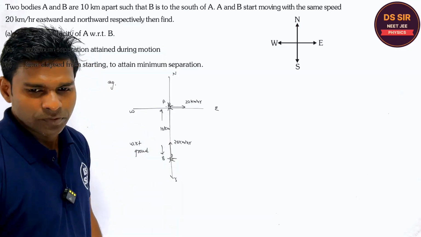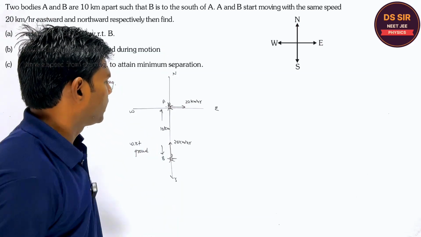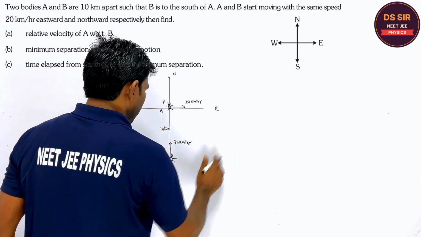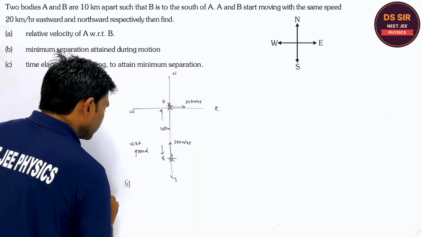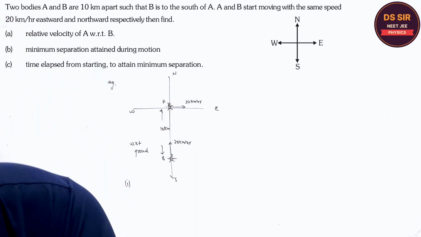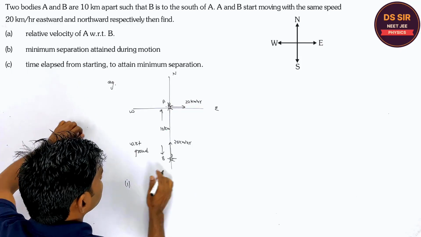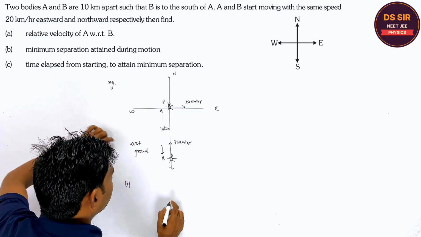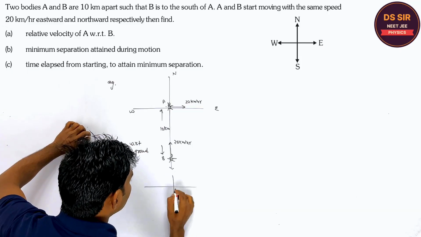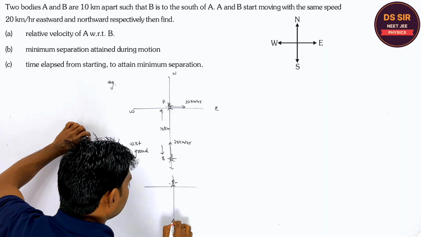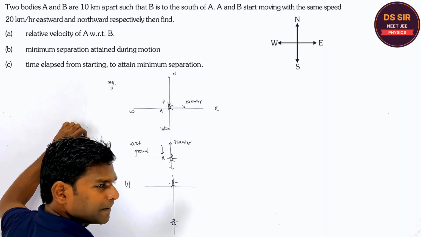You tell. Now what you have to tell, in the first part you want to make the velocity of A with respect to B. Velocity of A with respect to B means, suppose this is the A and this is the B, right?